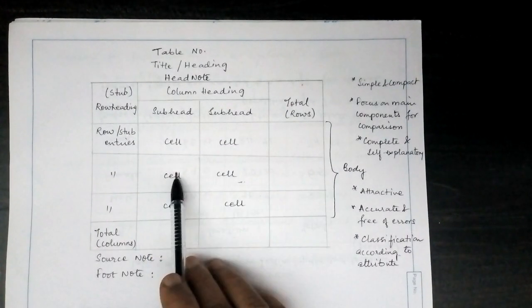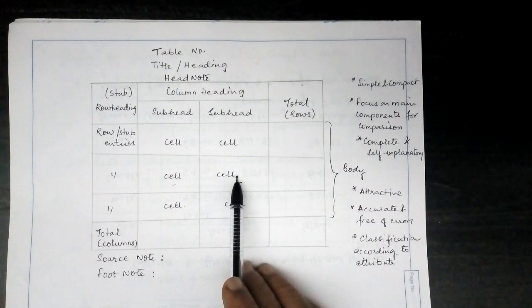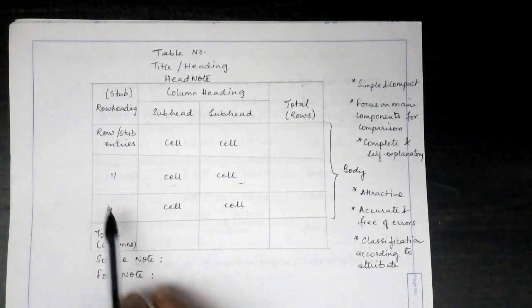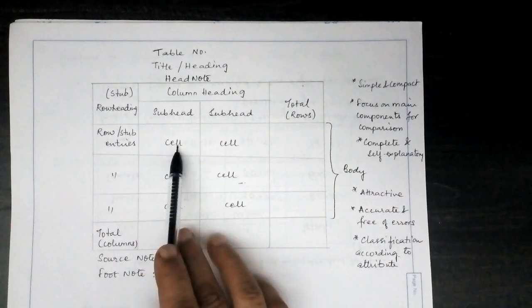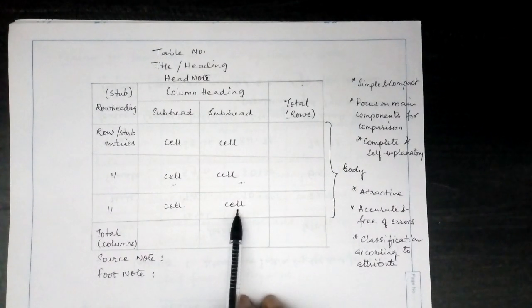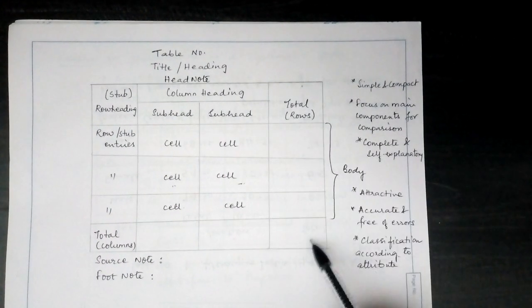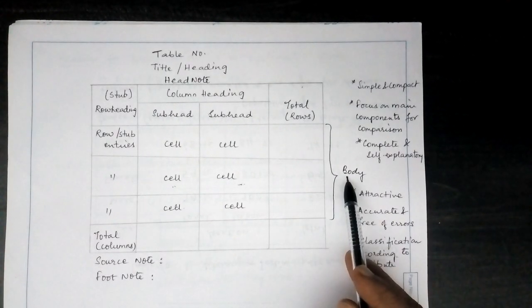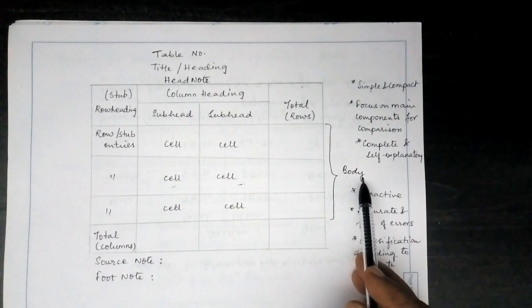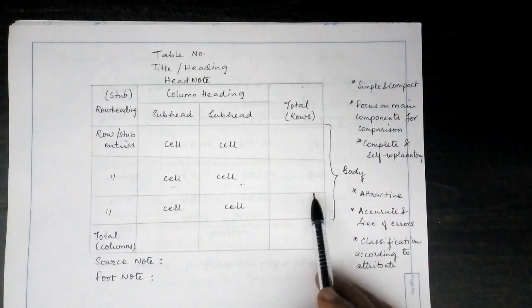Now these small boxes under the subheads are called cells. Well, these cells are filled up with row entries, and these cells will be filled up with the numerical values. The whole of these boxes is called the body of the table, which gives us the compact information about the table.